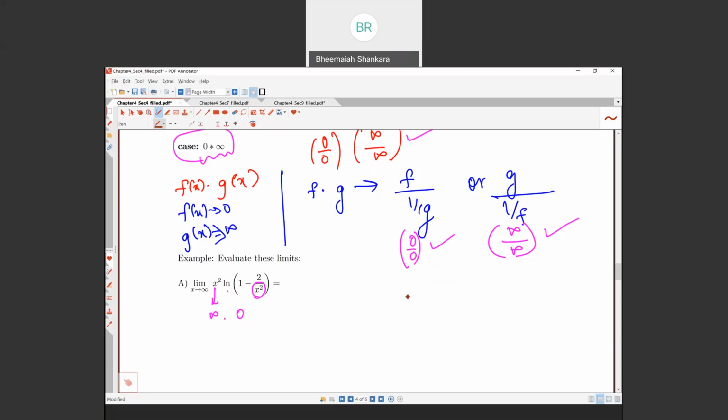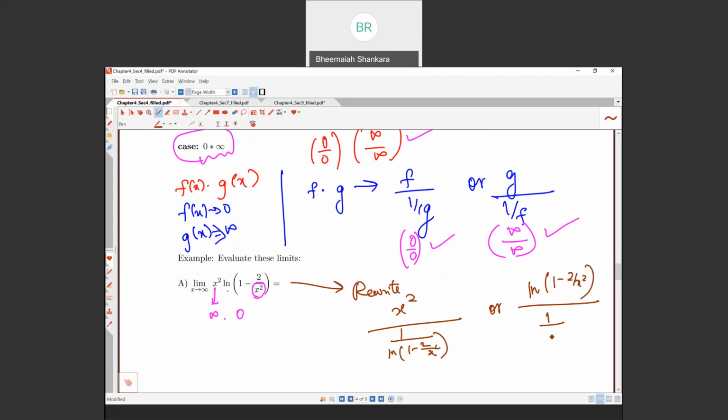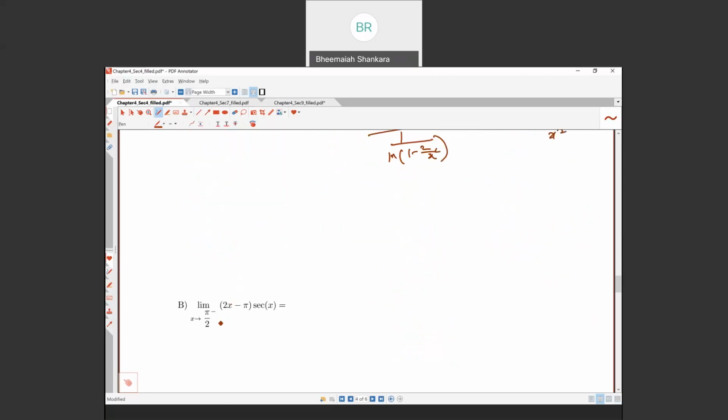So the first way to rewrite it, you can rewrite in two ways. x squared, keep on the top, divided by 1 over ln of 1 minus 2 over x squared. Or you can write it as keep ln on the top, ln of 1 minus 2 over x squared, and bring the x squared to the bottom. So it's 1 over x squared. So now let's evaluate the limit.